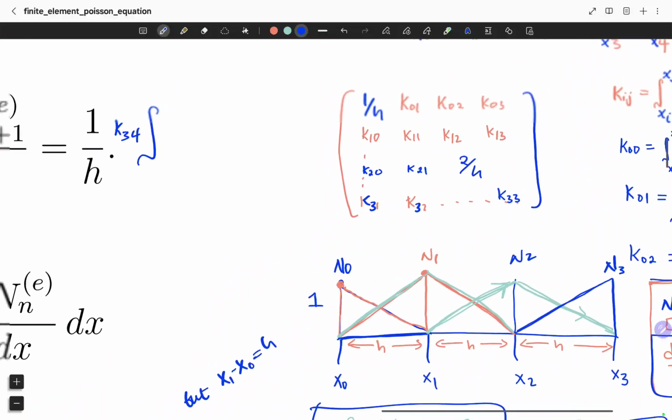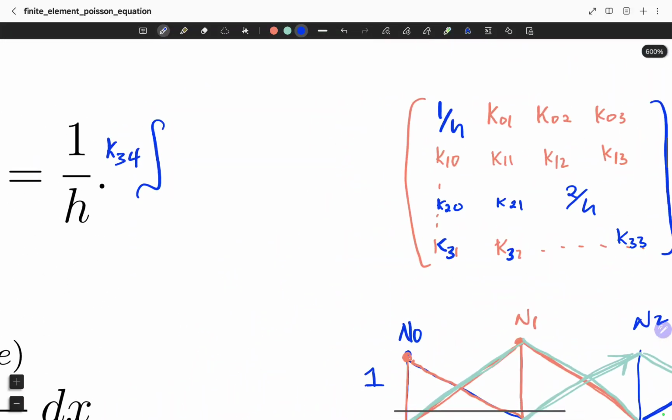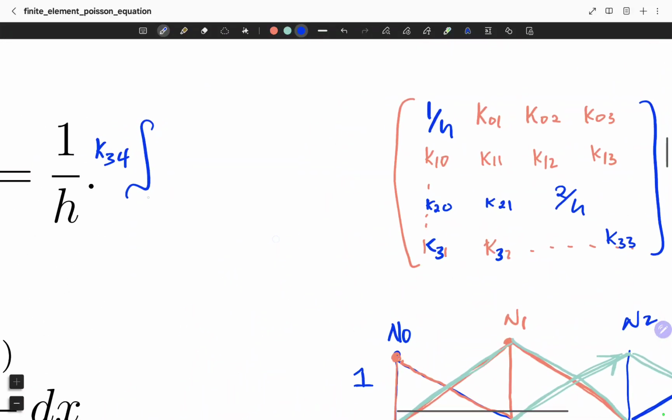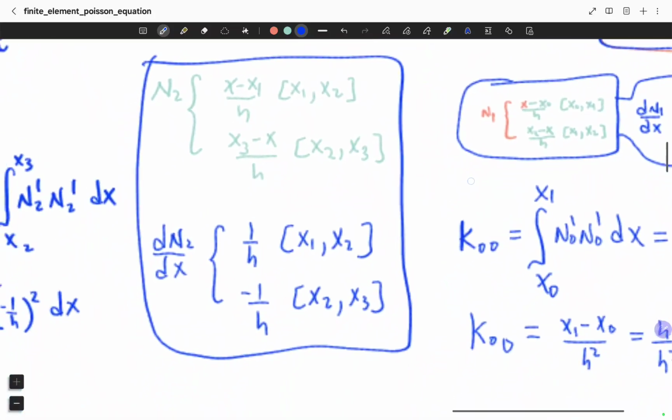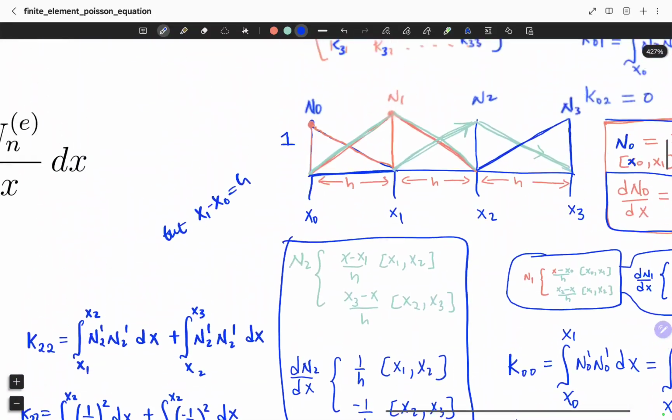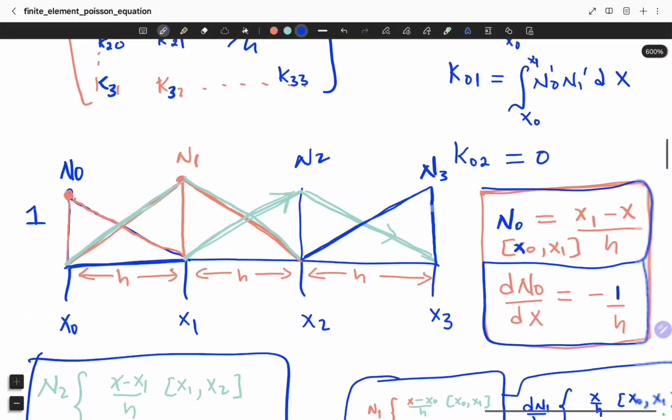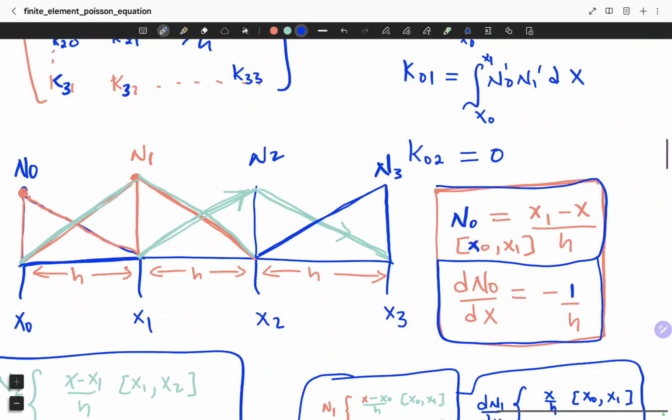So k34, if it does exist, it's going to be from x2, sorry, from, let's do the one we can see, so I can show you exactly what happens. Let's compute k23, because this is 2, this is 3.